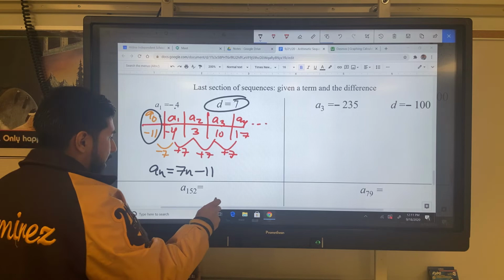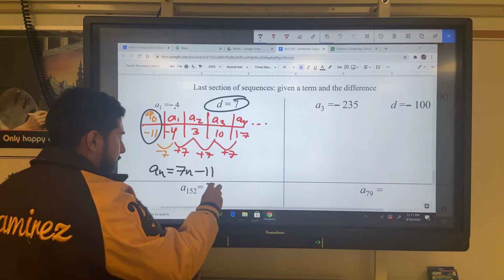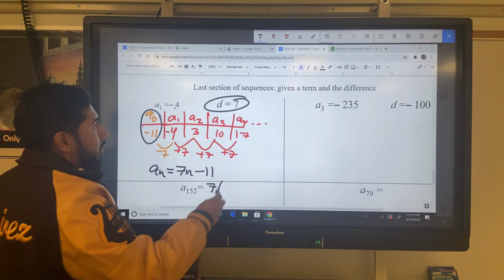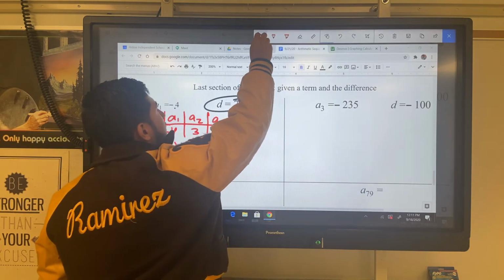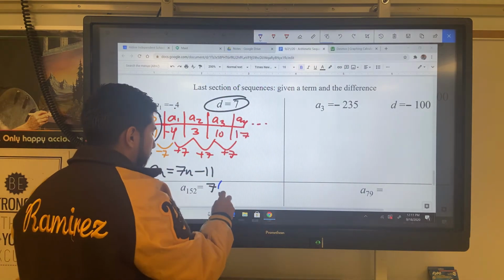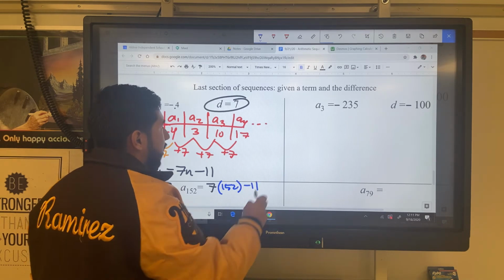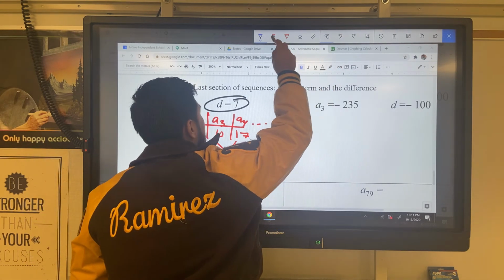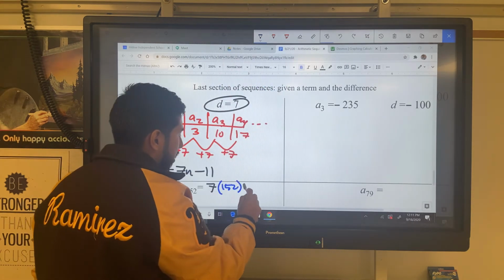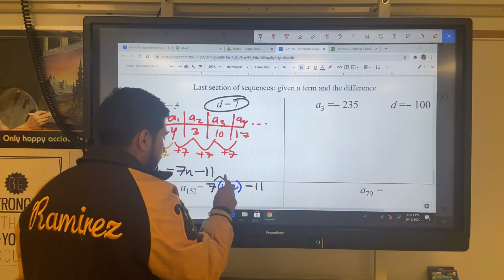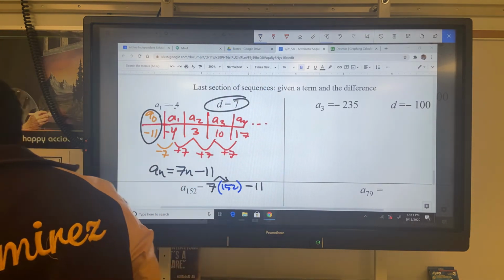I'm replacing it already. So we got 7 parentheses. I like to use a different color to show you guys. Parentheses 152, minus 11. You multiply. I actually don't know that off the top of my head.